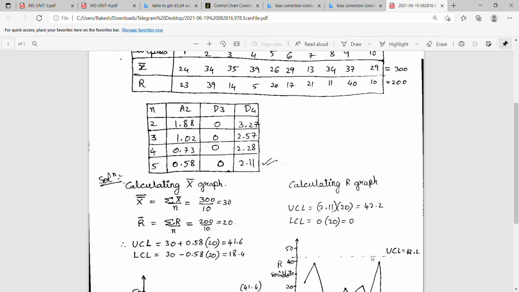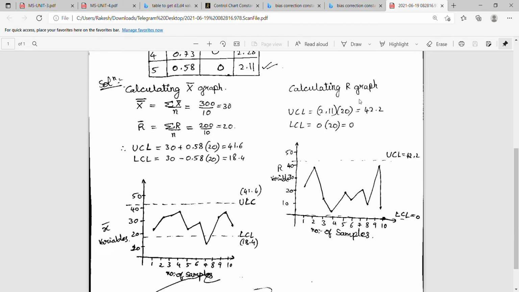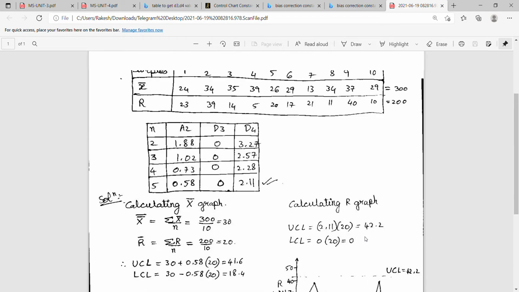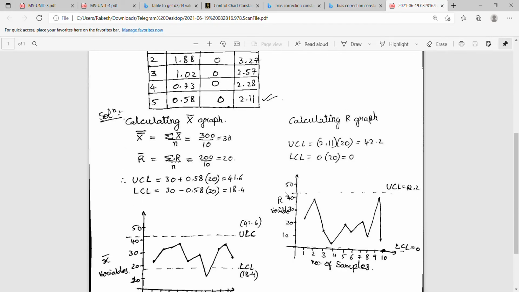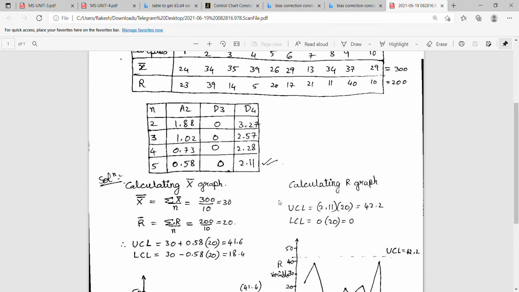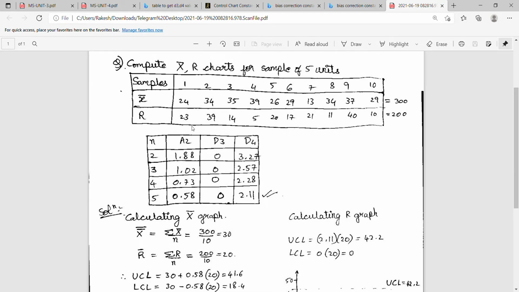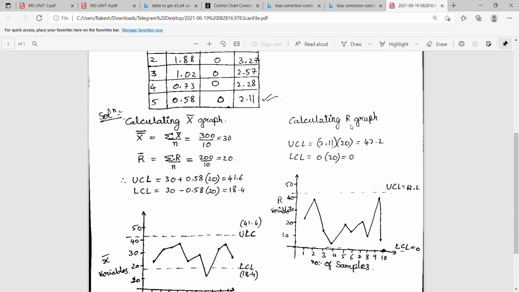Coming to plotting the R graph, you write the number of samples, which is 10 in the question, that is 1 2 3 4 5 6 7 8 9 10. Here we write the R variable. You can see the maximum value is 40, so you can take up to 50, which is nearest.